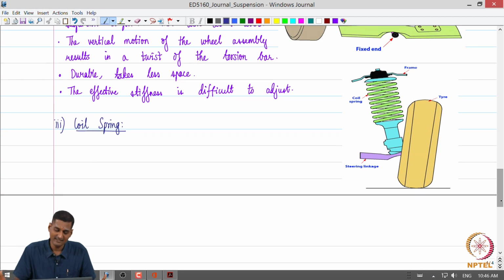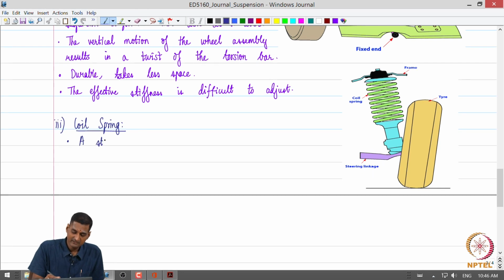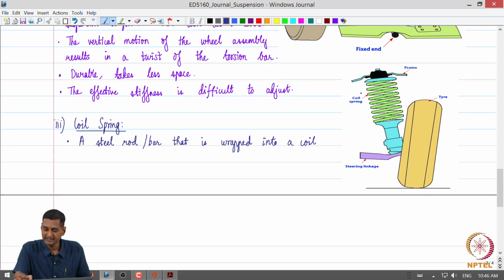So, as we can see, a coil spring is nothing but a steel rod or bar that is wrapped into a coil. Okay, so, that is a coil spring, right, as we can observe here.